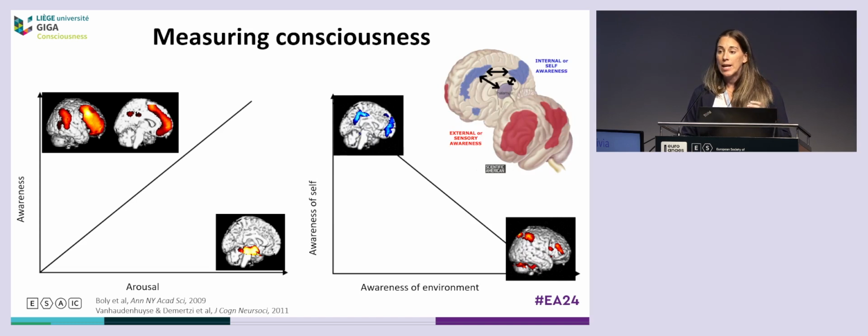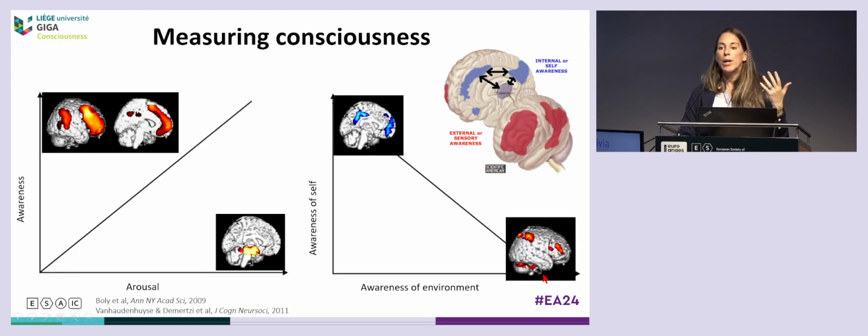And then awareness can also be divided in two different components, awareness of the environment, which is linked to your external world, so now you're listening to me, or if you hear something in the room, or you see me. So this is all awareness of the environment, and that will mediate external part of your brain, as you can see here in red.